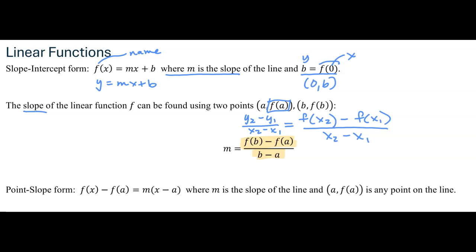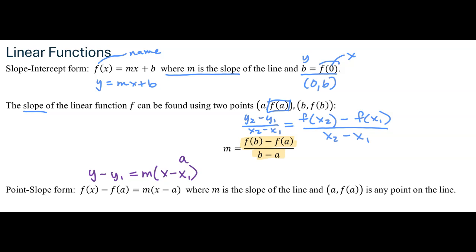And then last but not least, point slope form. I think it looks extra crazy. Just remember that point slope form, we're usually given as y minus y1 equals m times x minus x1. So again, I'm shifting away a little bit from the x1, y1 notation. Not that there's anything hugely wrong with it, but really the subscript 1 is kind of taking the place of what function notation does for us.